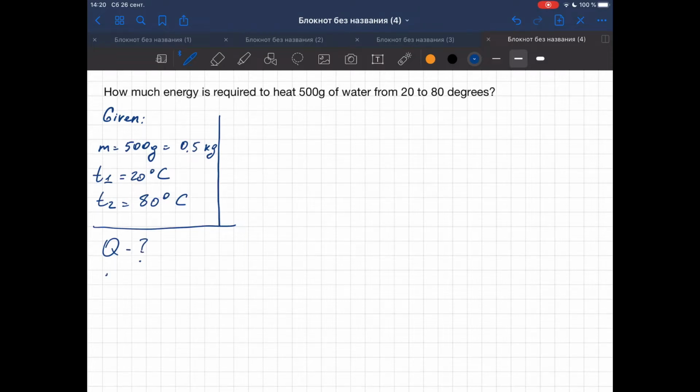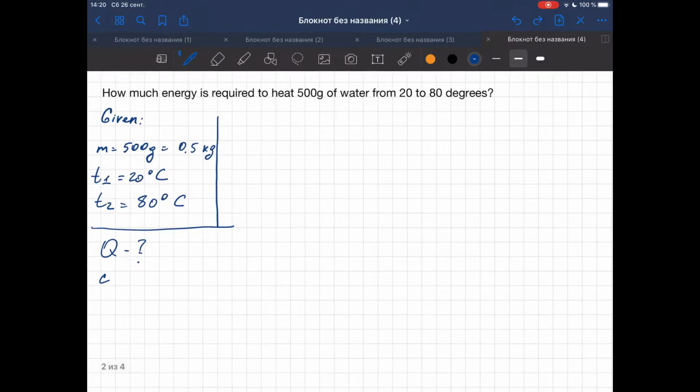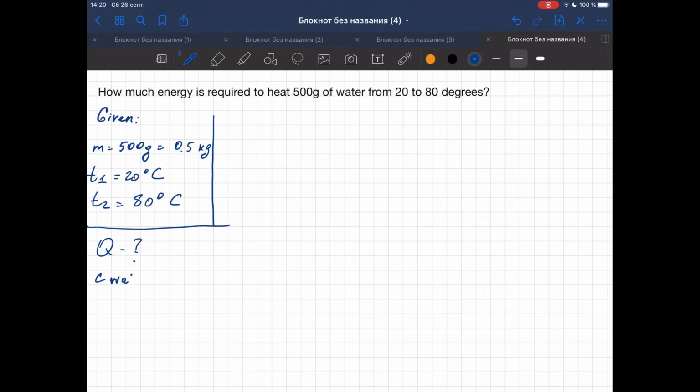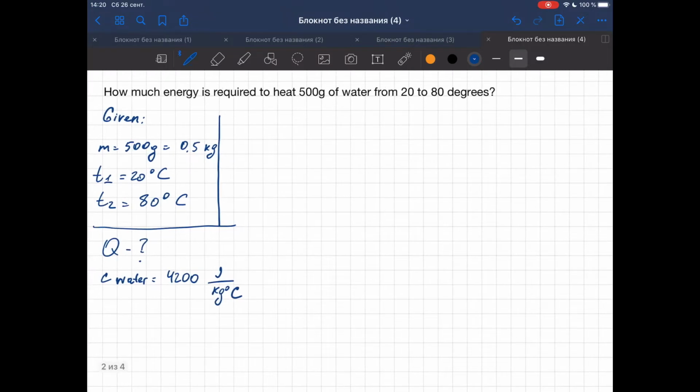And additionally, we know that the specific heat capacity of the water equals 4200 joules per kilogram degree Celsius.